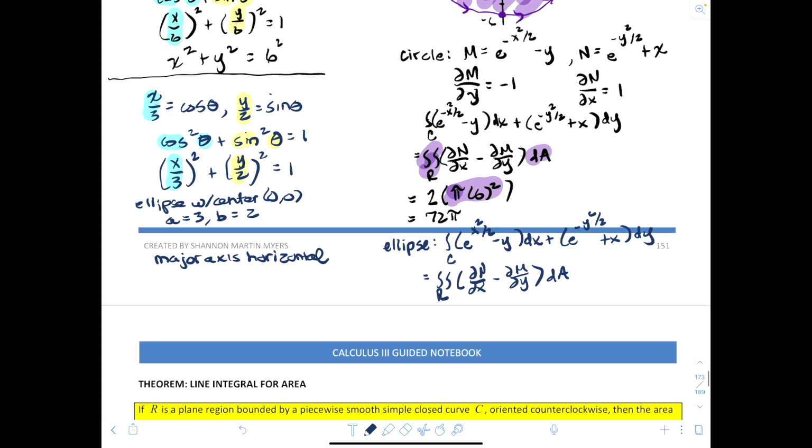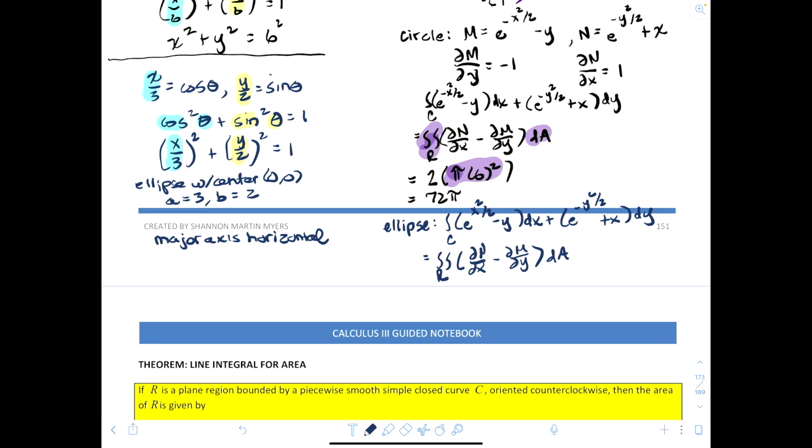But that, my friends, is going to be equal to 1 minus negative 1, which is 2.